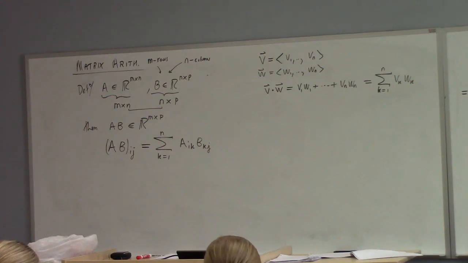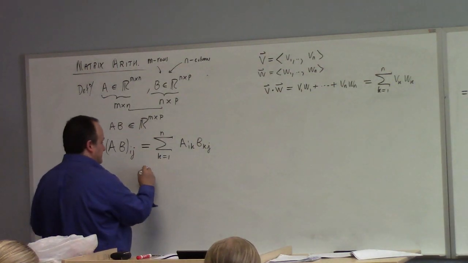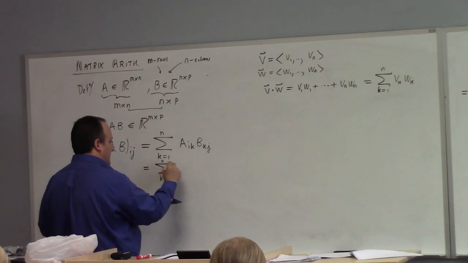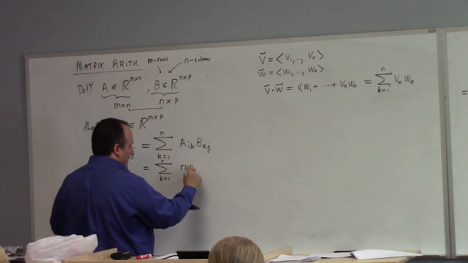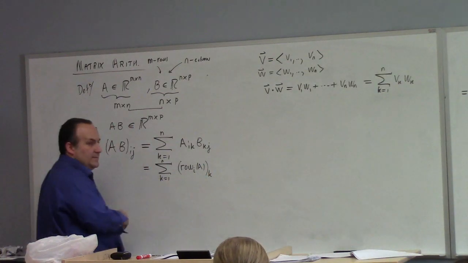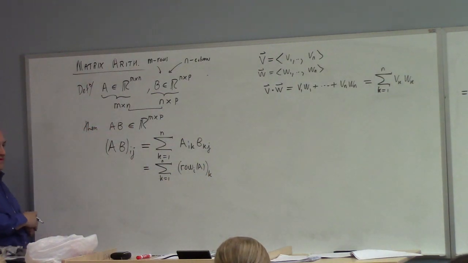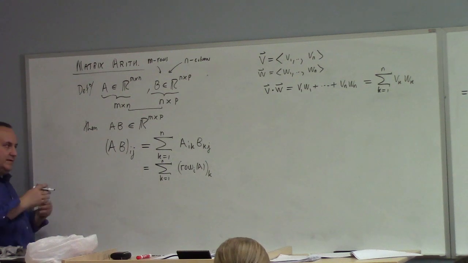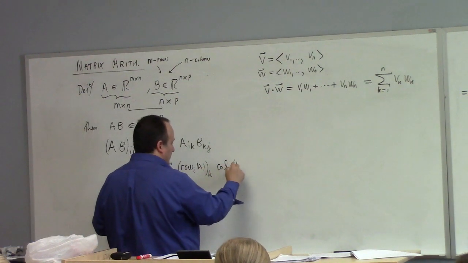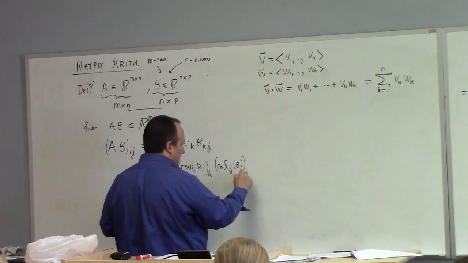What's aik? That's row i, the kth component, right? This is row i of A, the kth component. What's bkj? Is that not column j of B, the kth component?